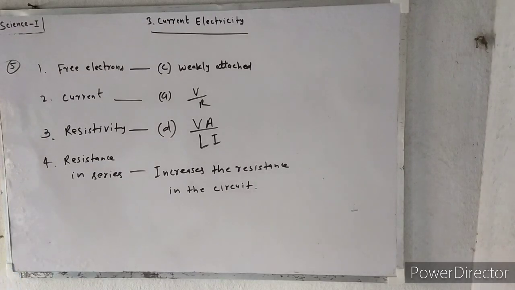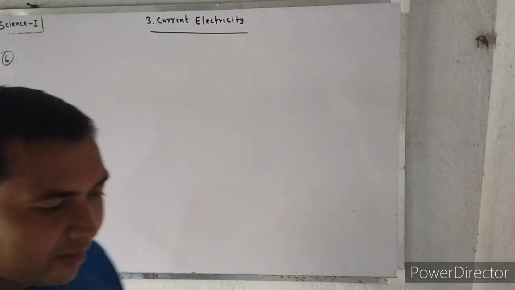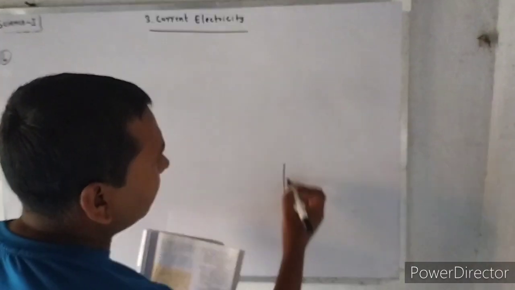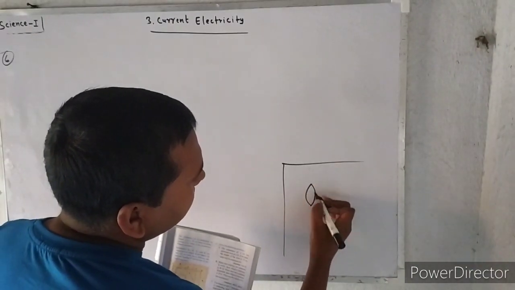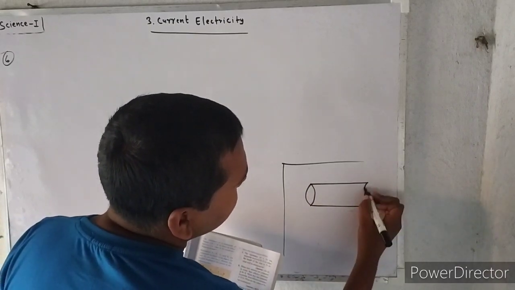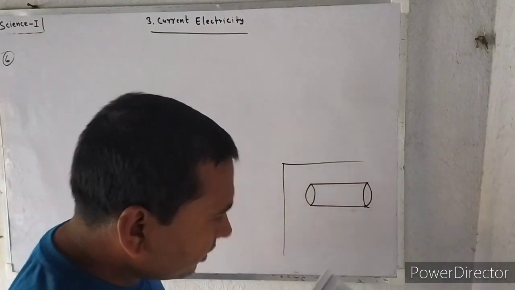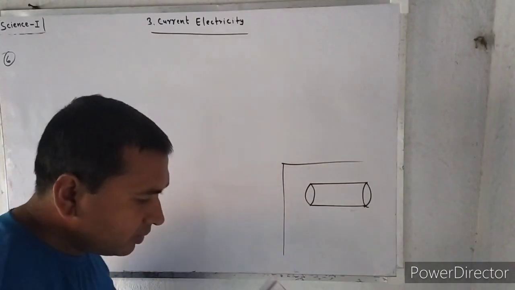Question number 6. The resistance of a conductor of length x is r. This is a rough diagram, no need to draw this.